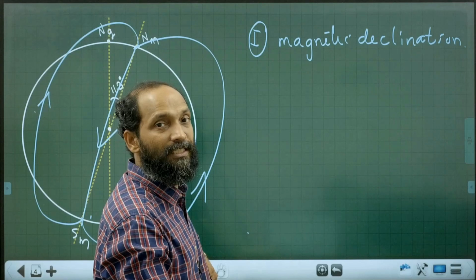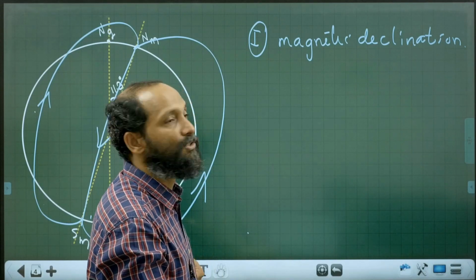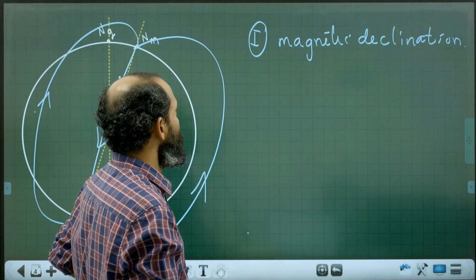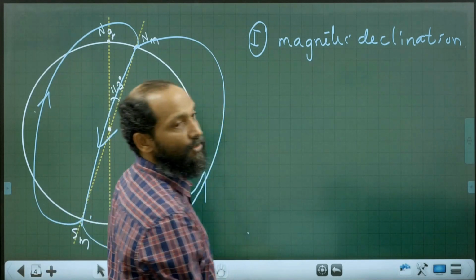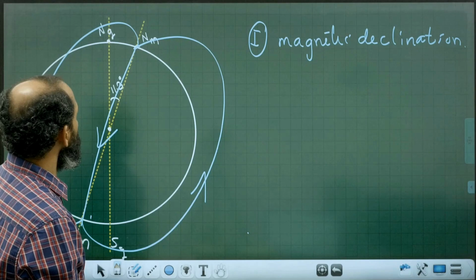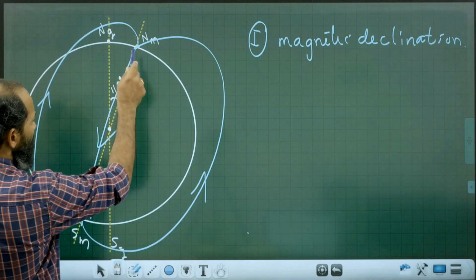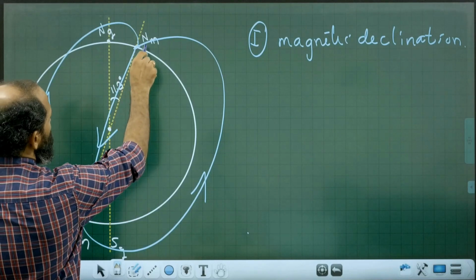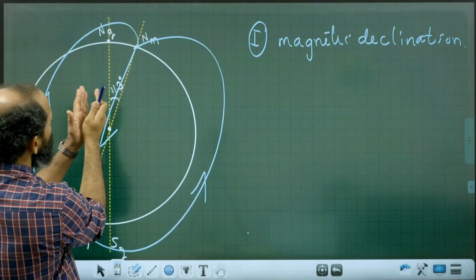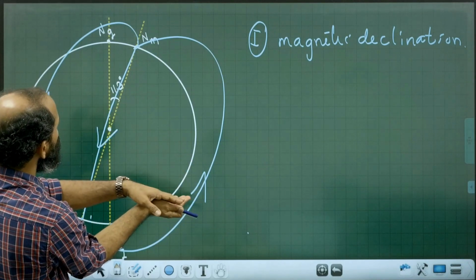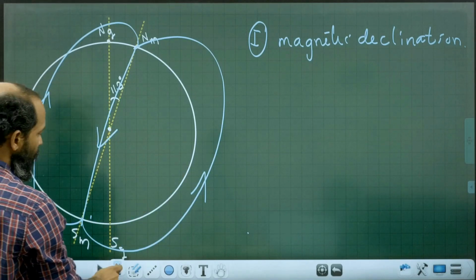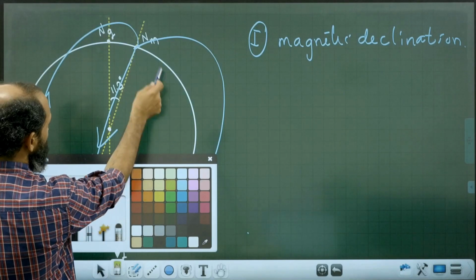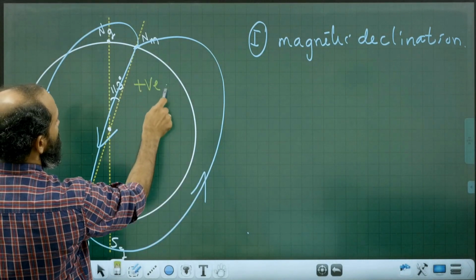The device used for measuring declination is called a Q magnetometer. Magnetic declination has a Cartesian convention that if at a place on the surface of Earth, the magnetic North Pole is found to be to the east of the geographic North Pole, that is called positive declination or easterly declination. Here I have shown a positive declination.